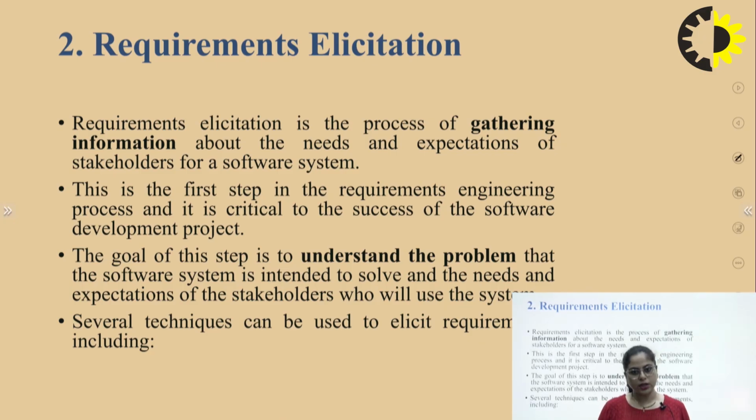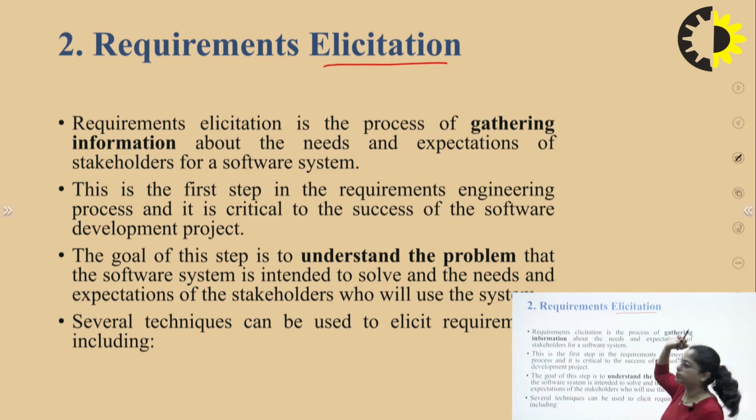For gathering the requirements, we use various techniques like interviews, protocols, prototypes, observations, and focus groups. These are the various techniques which we use for requirement elicitation. Elicitation is nothing but the gathering of requirements.